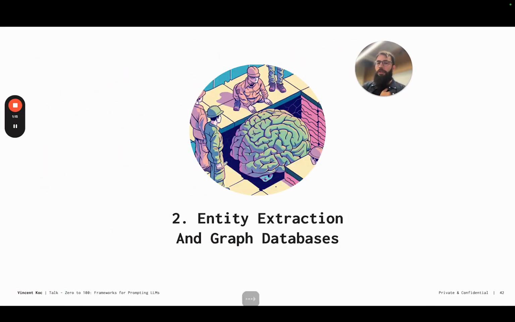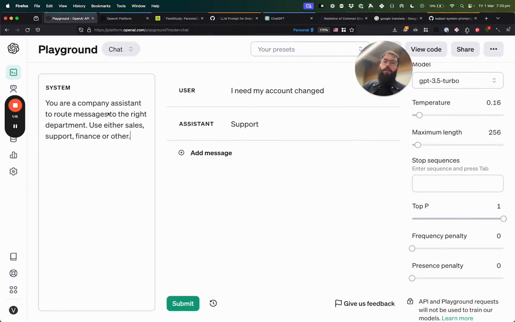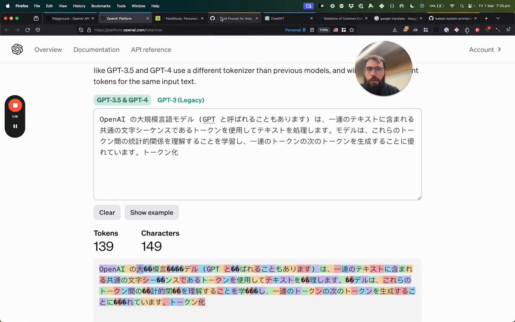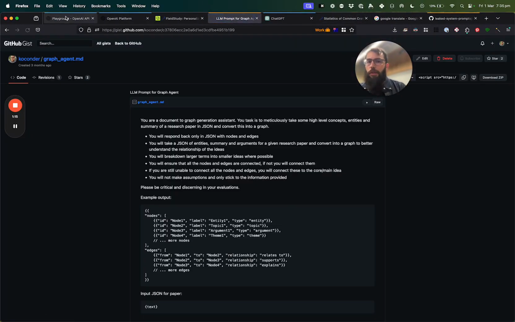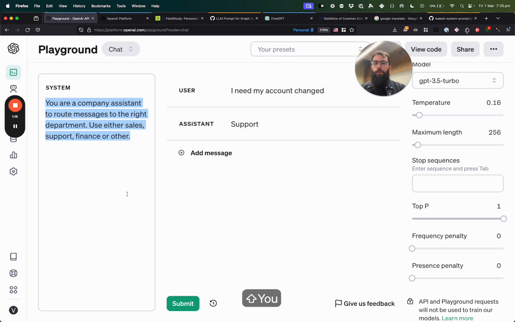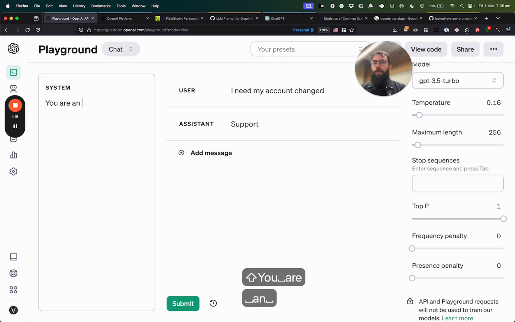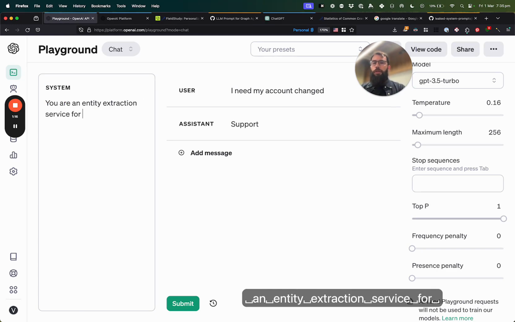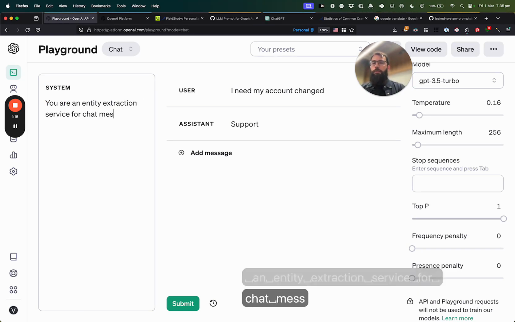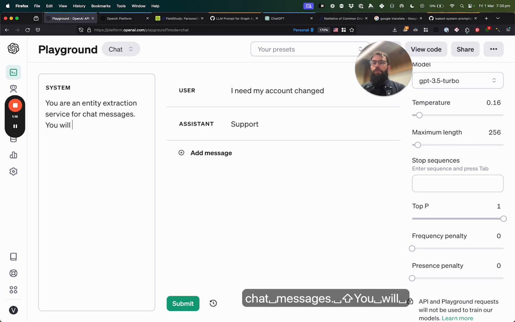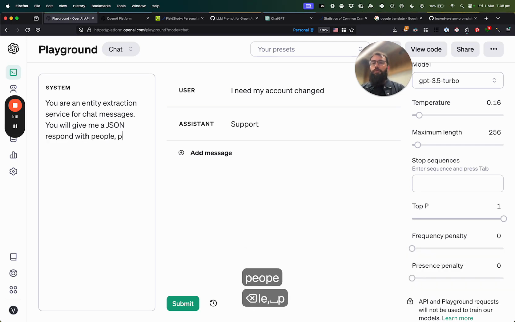Some of the other more interesting things you could do is, actually, I don't know if I shared it here. You are an entity extraction service for chat messages. You will give me a JSON response with people, places, topics.